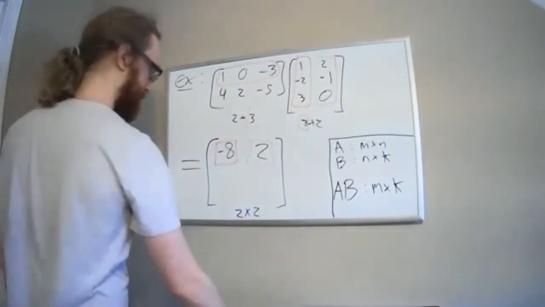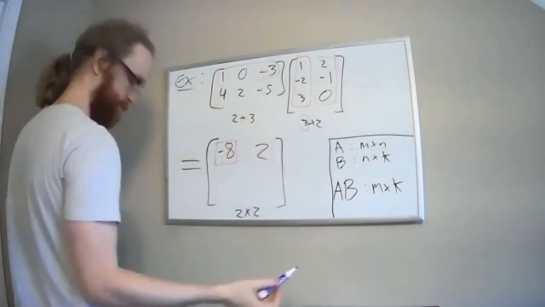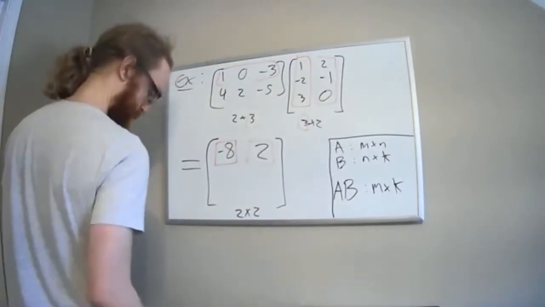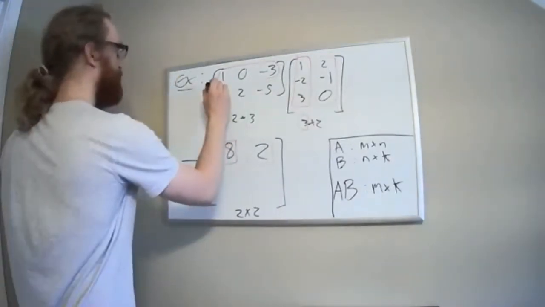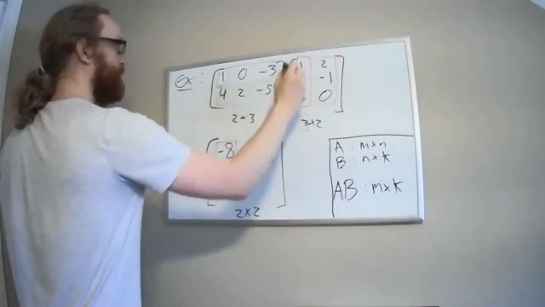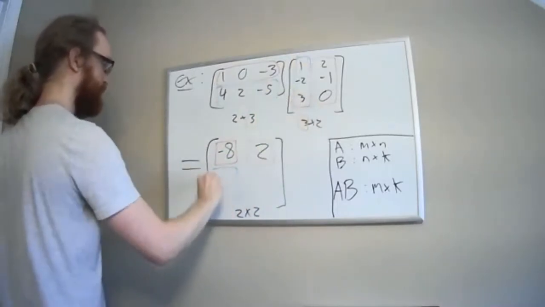Then I move on. The second row, first column is, oh, this was working a second ago. All right, that marker died on me. How about this? We're going to take the second row times the first column, because I want second row, first column.